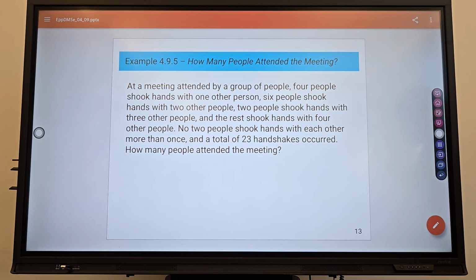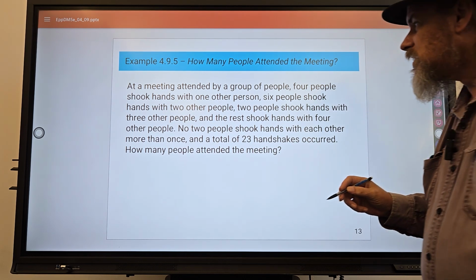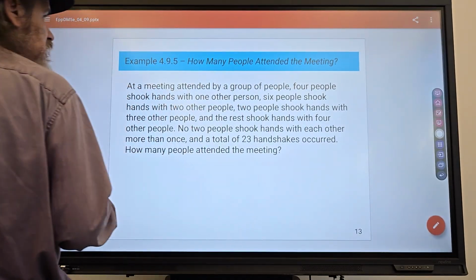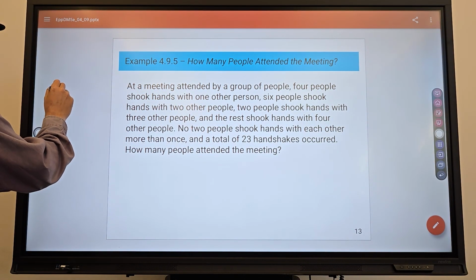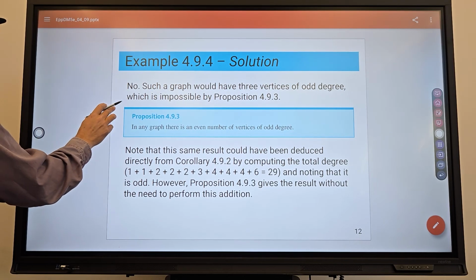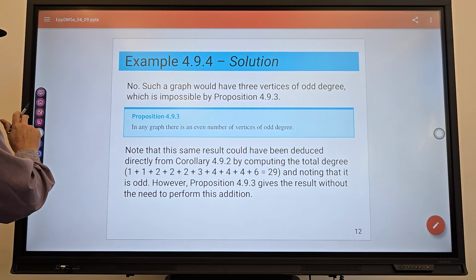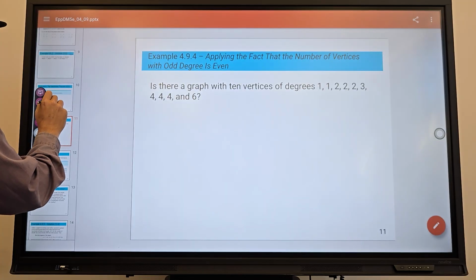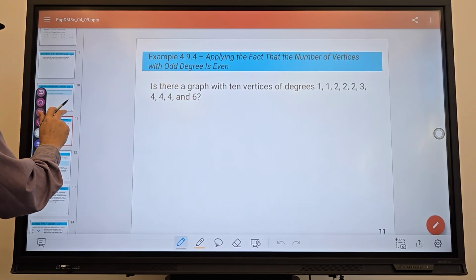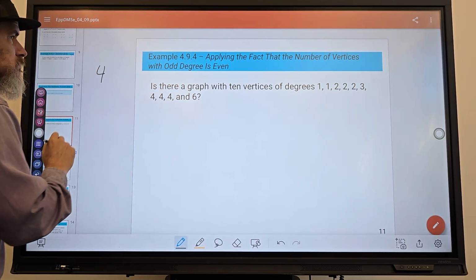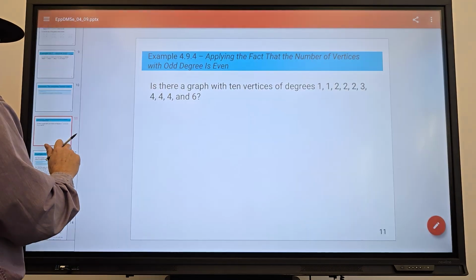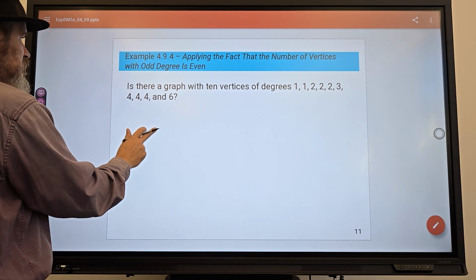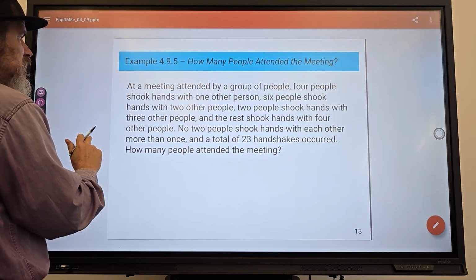Well, you have 4 shook hands with 1 other person, so you have 4 here. Okay.